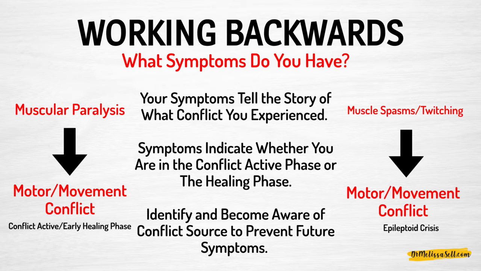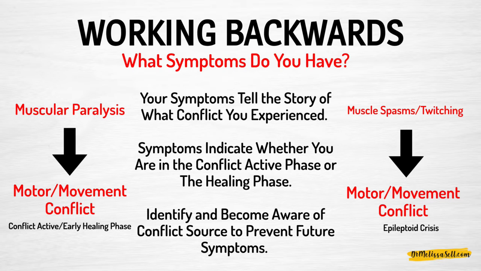And so with the knowledge of GNM, we can decode what the body is trying to tell us about what's going on, what's gone on in the past. If a person is having recurring spasms and twitching and it keeps happening, that indicates that they are in a hanging healing where they keep relapsing back into the conflict, many times in response to the symptoms themselves.